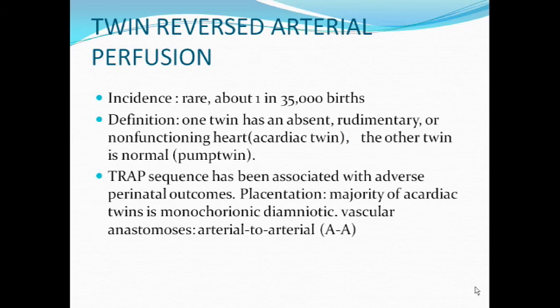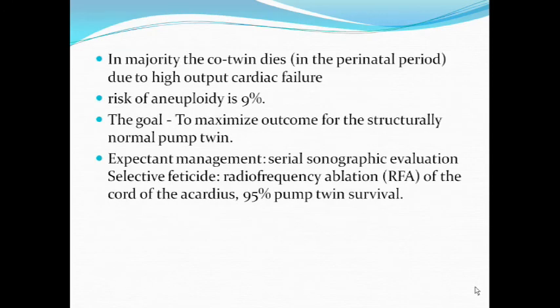TRAP sequence has been associated with adverse outcome. It is seen in monochorionic diamniotic twins as in TTTS. Here the anastomosis is mostly arterial to arterial, whereas in TTTS it was central deep arteriovenous anastomosis. In the majority, the co-twin dies due to high output cardiac failure.